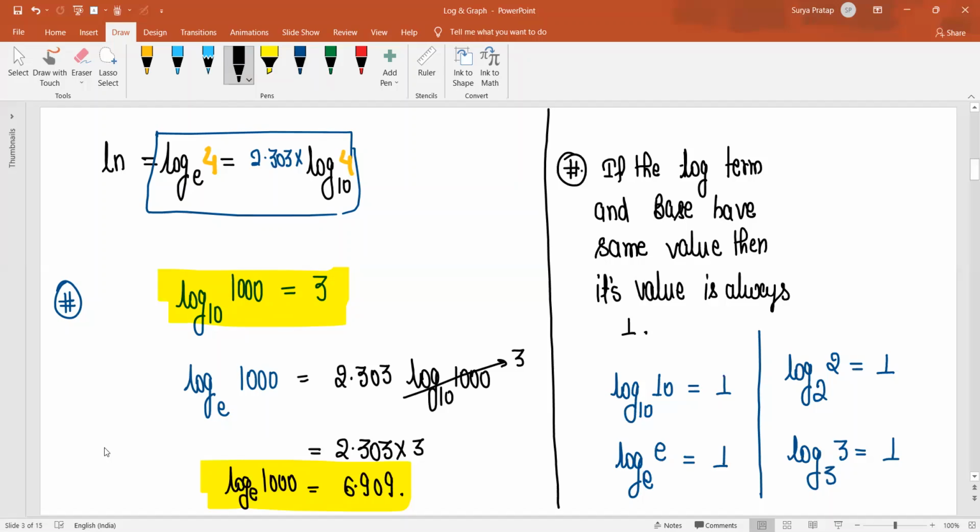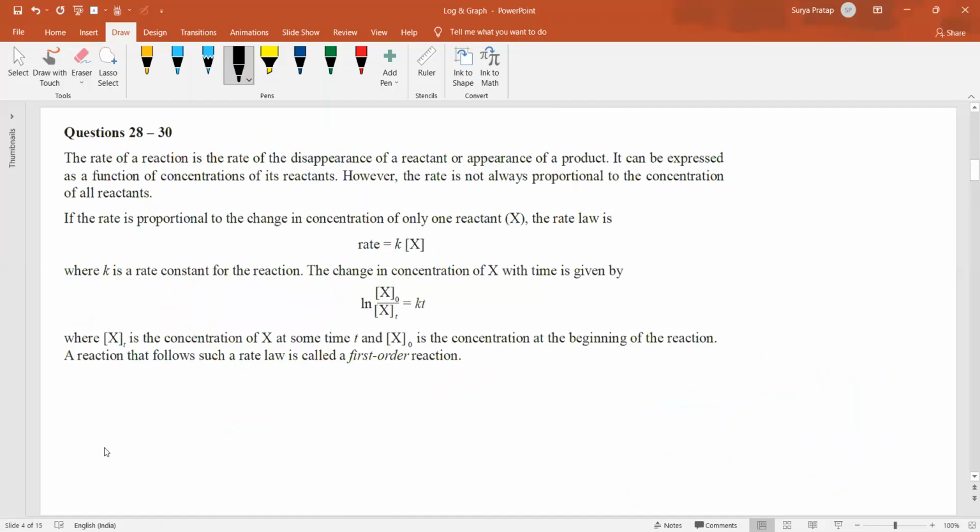If they are using ln, I want to repeat this: it means the natural log, which is always log base e. If you want to calculate the value of log base e in terms of 10, then this is always 2.303.